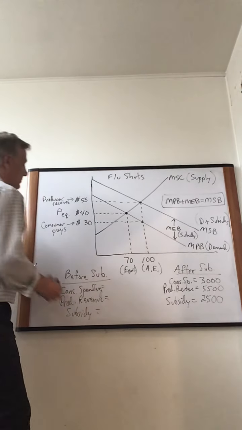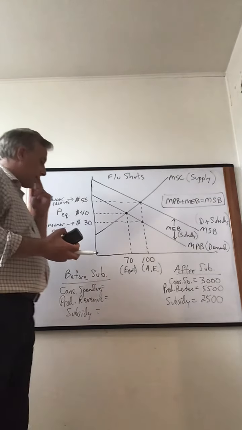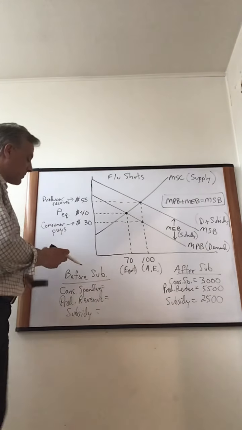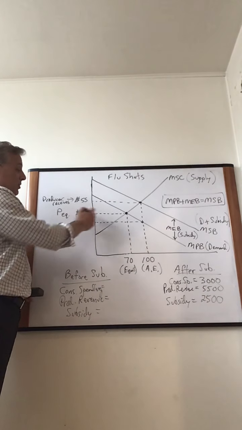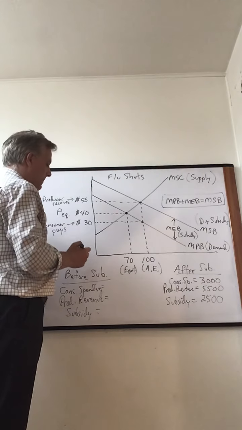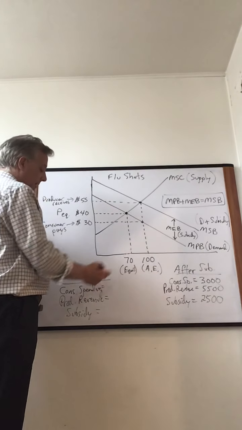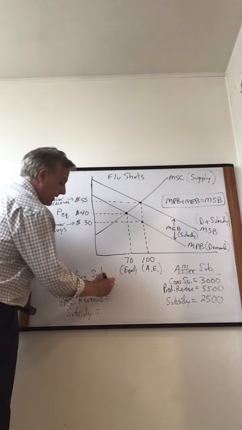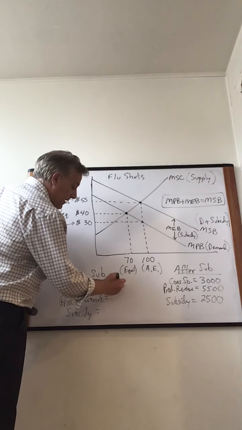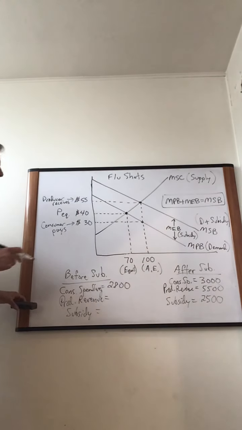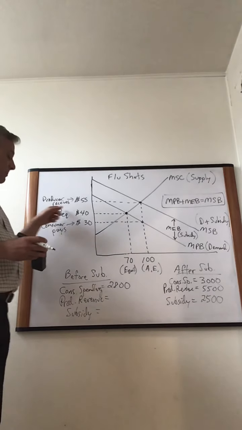So we've got the equilibrium price, equilibrium quantity is 70. So in the natural market, the consumer pays 40, okay, for a quantity of 70. So total consumer spending would be 40 times 70 or 2,800. How much does the producer receive?